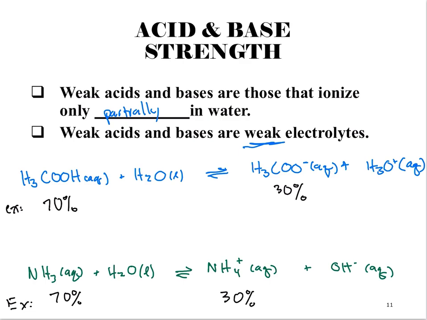And you notice that for both of these, I put a star here and a star here, the reactions go in both directions. I'll talk more about what this means in terms of equilibrium, but basically the forward reaction is happening and the reverse reaction is happening. So you're constantly exchanging between ammonium and ammonia, between acetate and acetic acid.